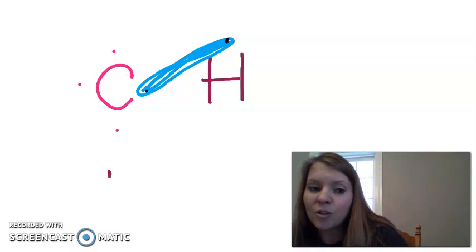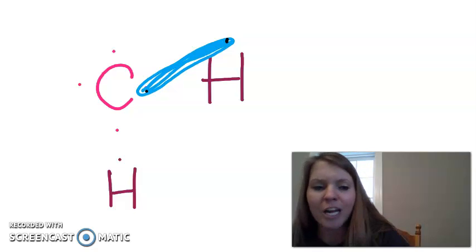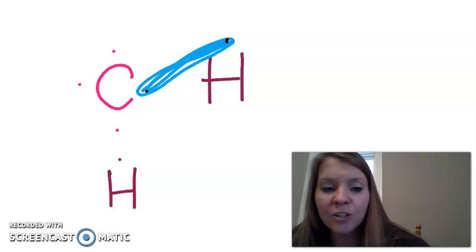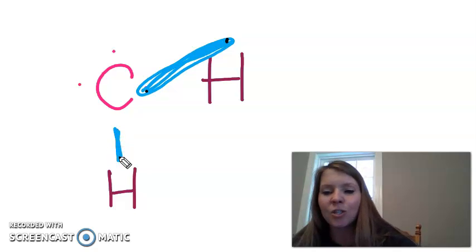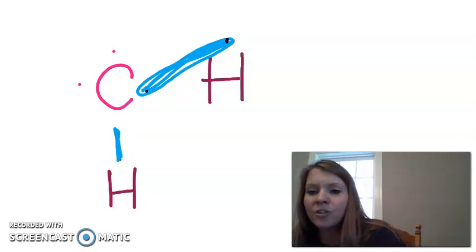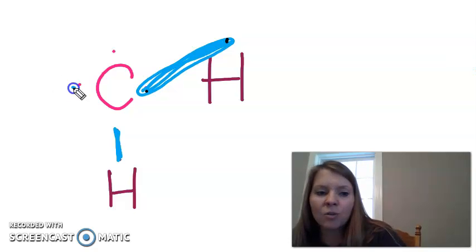He now has 5. So what are we going to do? We're going to add another hydrogen. You can probably predict how many hydrogens we're going to end up with in the end. This hydrogen's going to share right here. So this hydrogen now has access to 2, and through this sharing, carbon now has access to 1, 2, 3, 4, 5, 6.